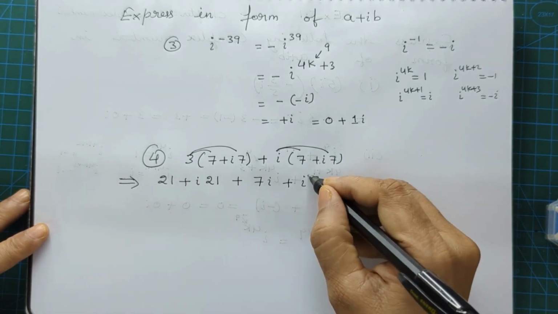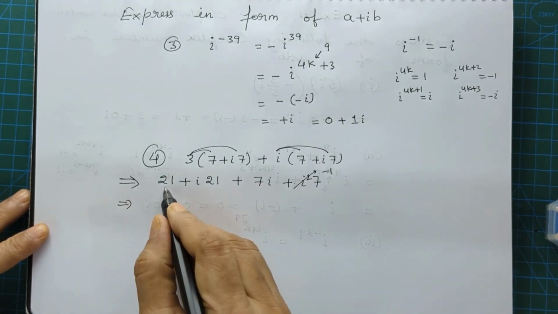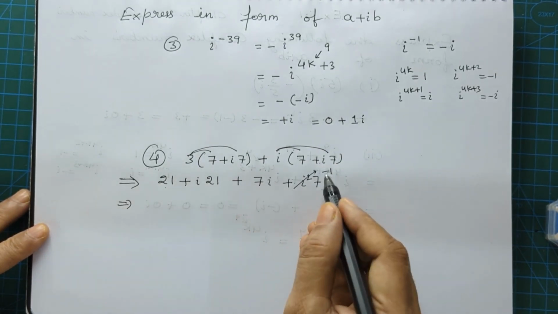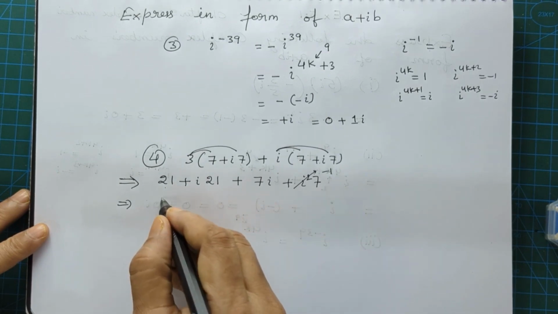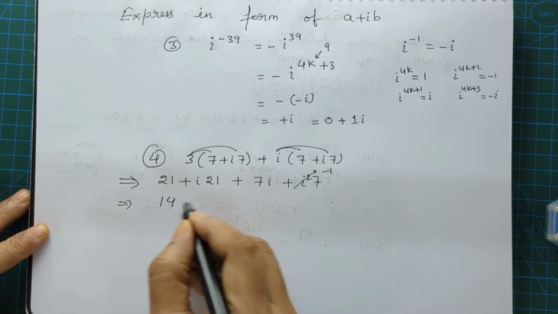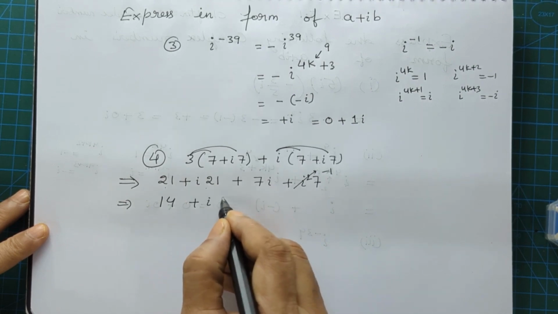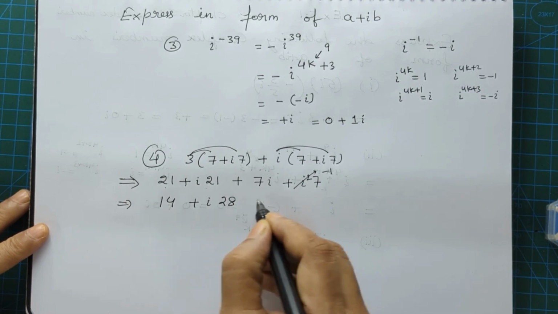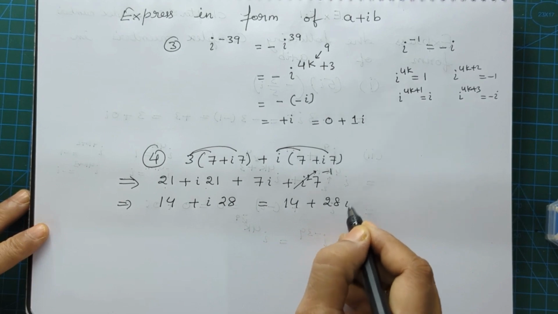We know that i squared is negative 1, so 21 minus 7 is 14. And these two are like terms, so we add them, 28i. Standard form is 14 plus 28i.